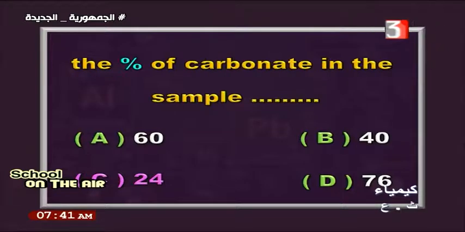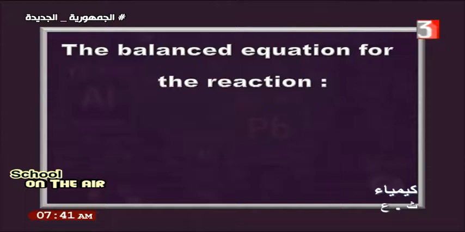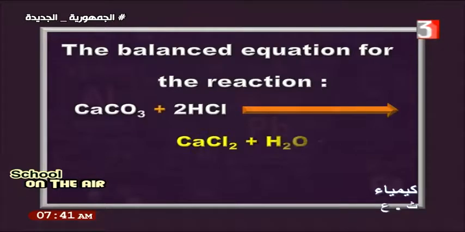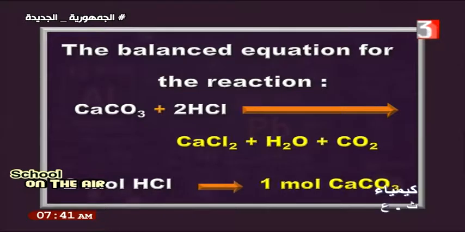What is the solution of this problem? The balanced equation for the reaction: calcium carbonate plus hydrochloric acid gives calcium chloride and water and carbon dioxide gas. And the ratio between hydrochloric acid and calcium carbonate is 2:1.